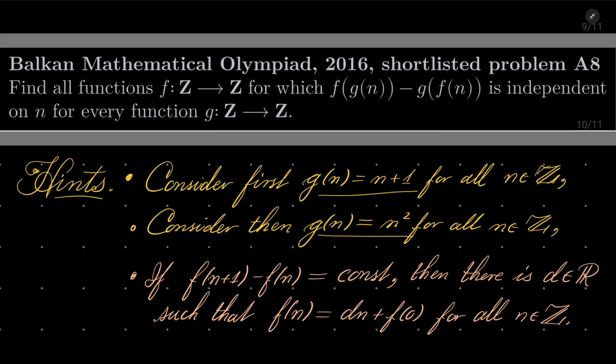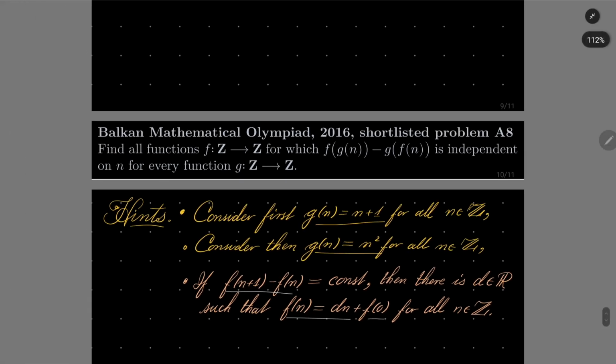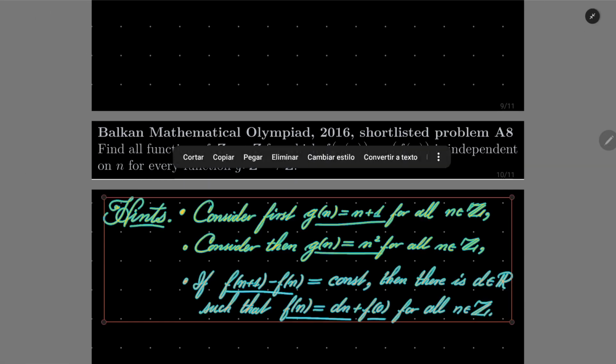And also keep in mind that if the difference of two terms of a sequence is constant, then the sequence is arithmetic, which means that f of n equals dn plus f0 for all integers n, where d is some constant. So give this problem a try.